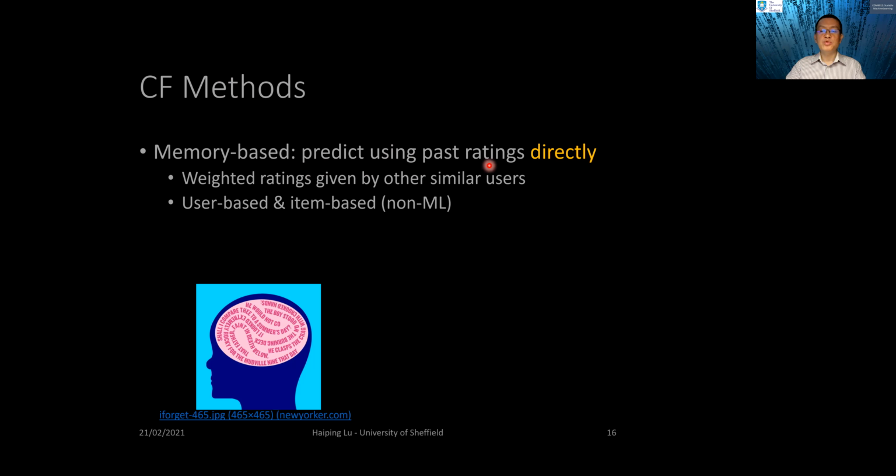So it will use the ratings, the numbers, directly by computing weighted ratings given by other similar users. And there are user-based approaches for memory-based collaborative filtering and also item-based. They are not machine learning based. They didn't learn anything.